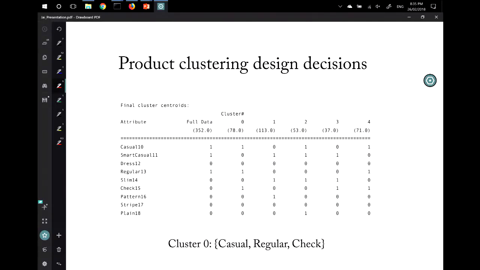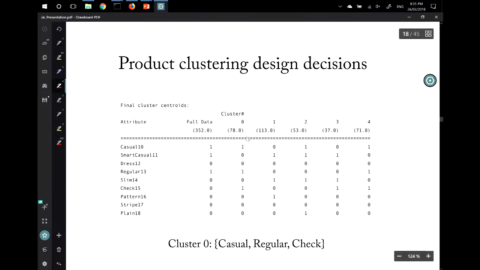So basically, you do have a lot of descriptions. You can see casual 10, plain 8, stripe 17, whatever. Those are the different kinds of attributes. And for each product, you can find the dominant patterns. So you can see the first cluster is mainly the casual, regular and check, different kinds of things.